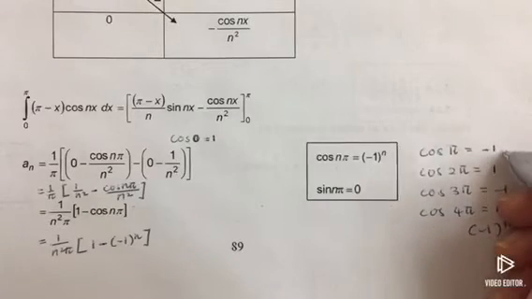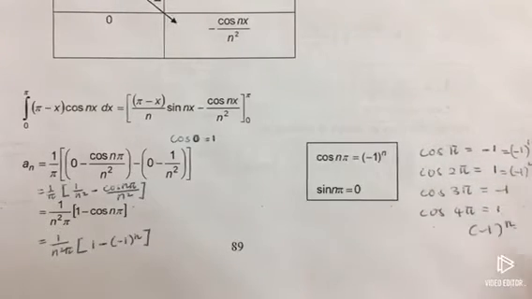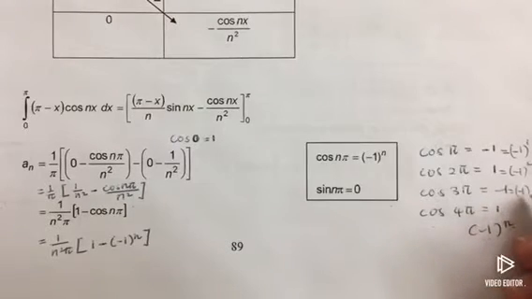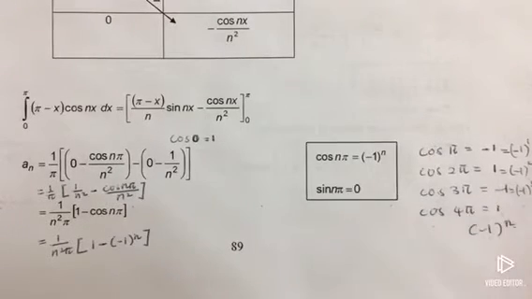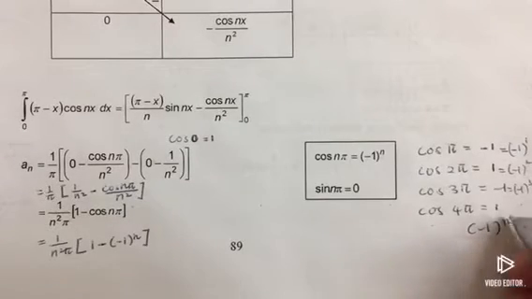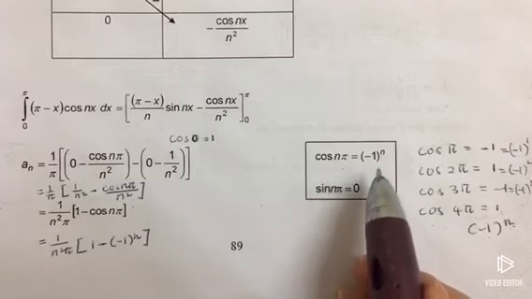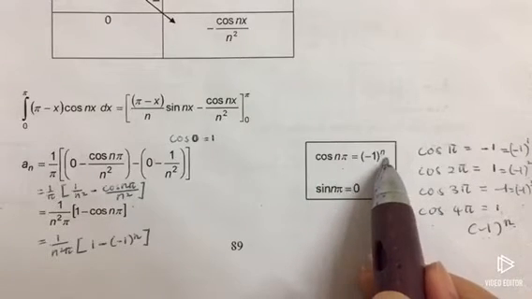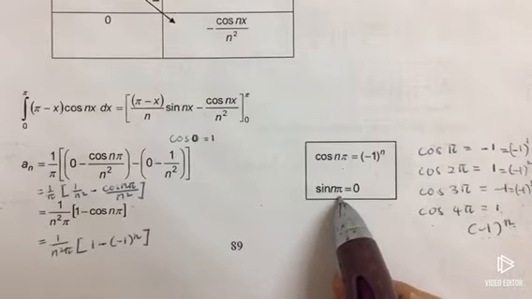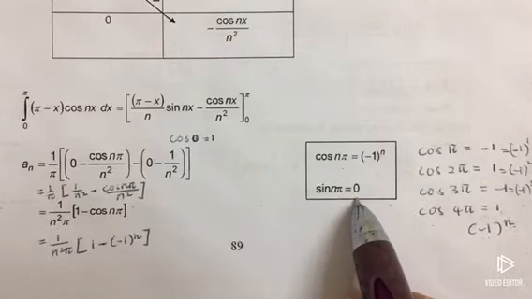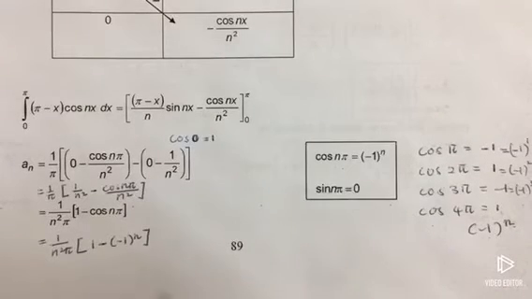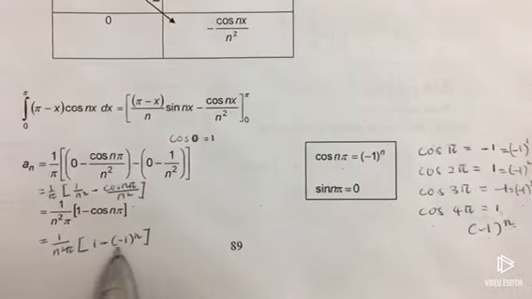Or we can write negative 1 to the power 1 equal to negative 1, negative 1 power 2 equal to positive 1, negative 1 power 3 equal to negative 1, negative 1 power 4 equal to positive 1. So cos n pi is the same as negative 1 to the power n, whereas sin n pi is equal to 0. So we can replace cos n pi in terms of negative 1 to the power n.